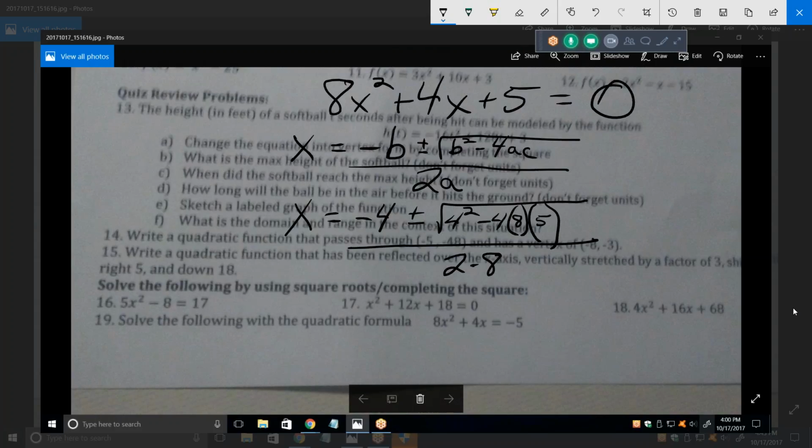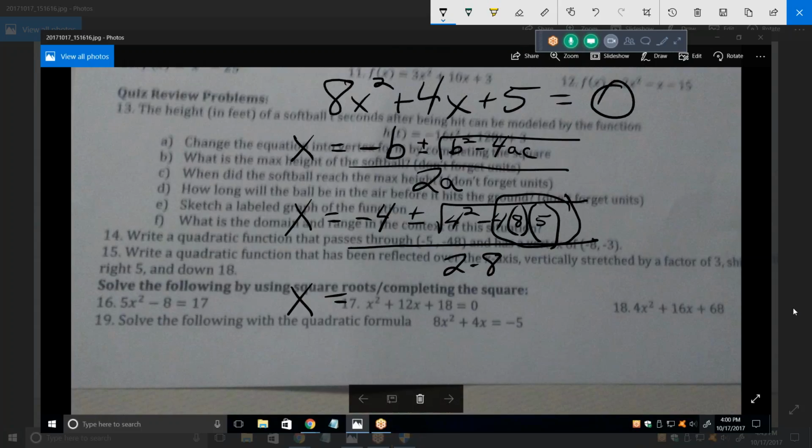Okay. So the next step is to simplify, and what I tell everybody is to do those manually first. So what do you have?